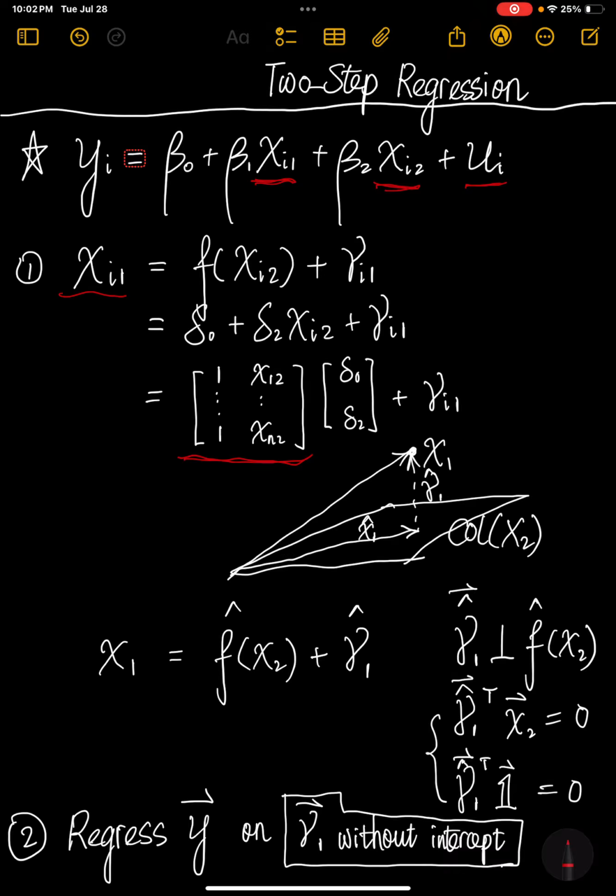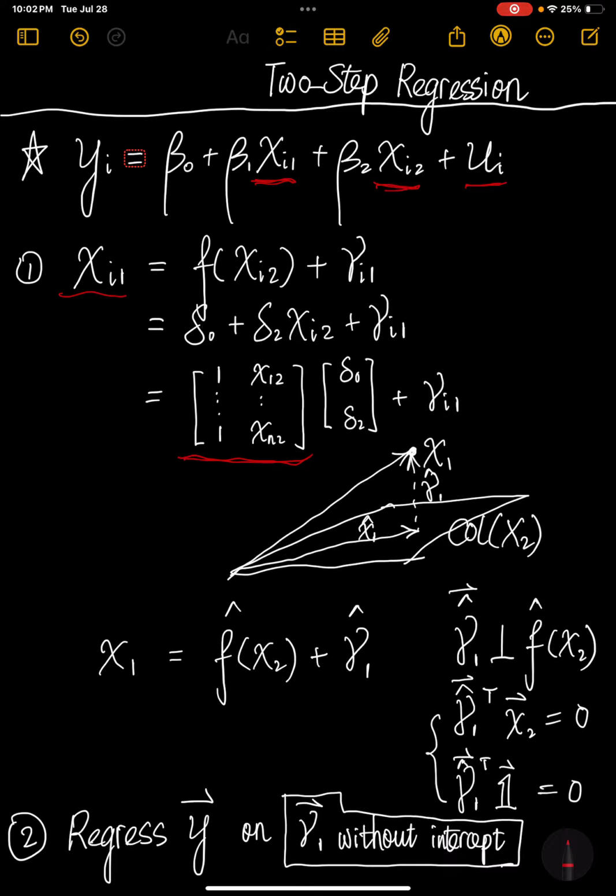So what we would like to do is, given that we know how to do the one variable case, the simple linear regression case, we would just express one variable by the other one.